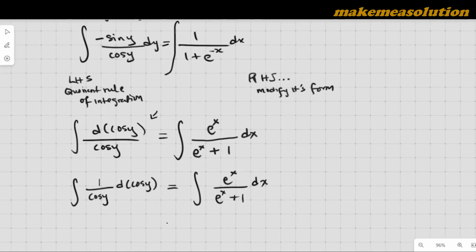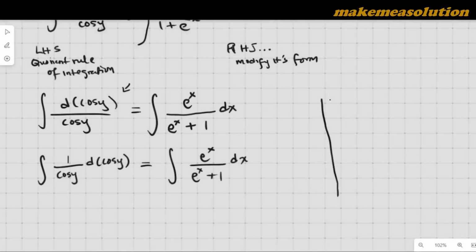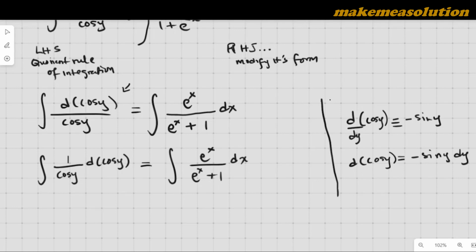You just have to remember that if you differentiate cos y with respect to y, you get minus sine y. Is that okay? So we have d of cos y is minus sine y dy. So whenever you see minus sine y dy, you can leave it as d of cos y.